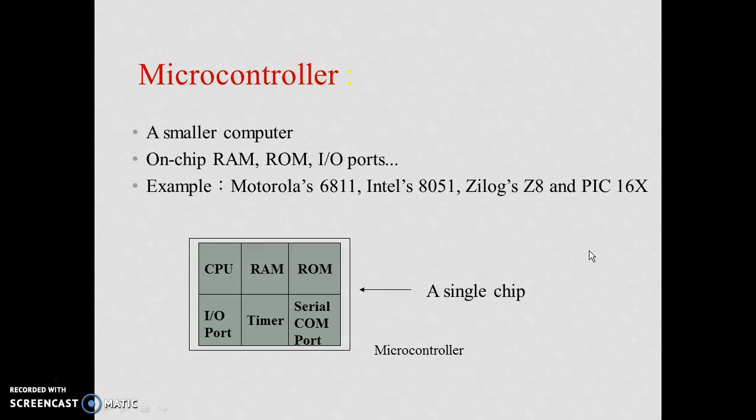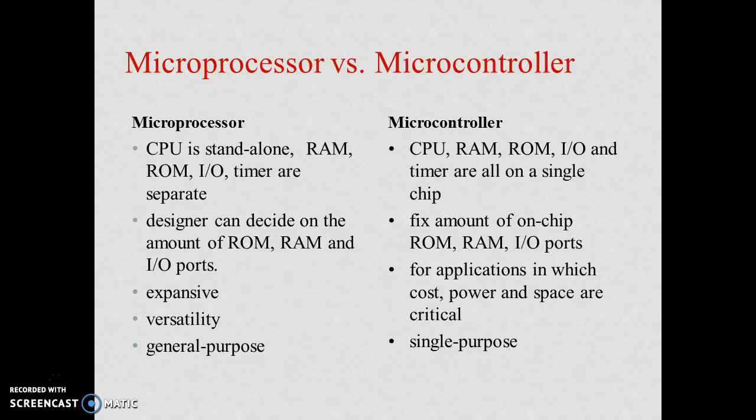Now what is the difference between a microprocessor and a microcontroller? A microprocessor is a standard standalone CPU; RAM, ROM, and I/O timer are separate, outside the processor chip. Whereas in a microcontroller, CPU, RAM, ROM, and timer are all on a single chip.